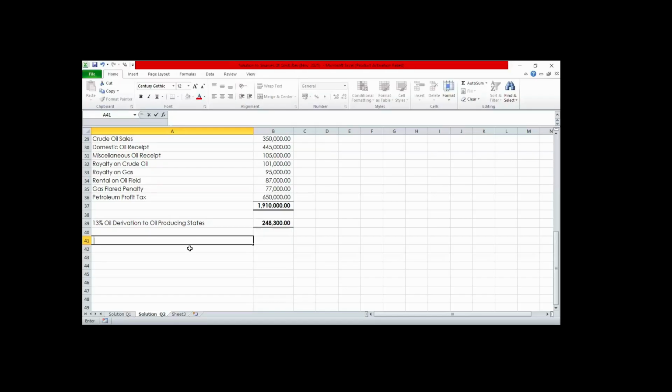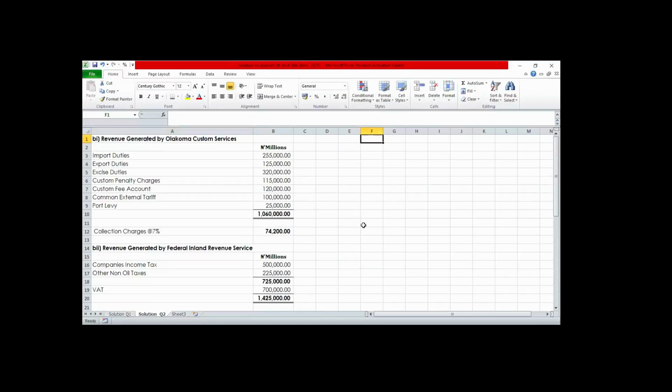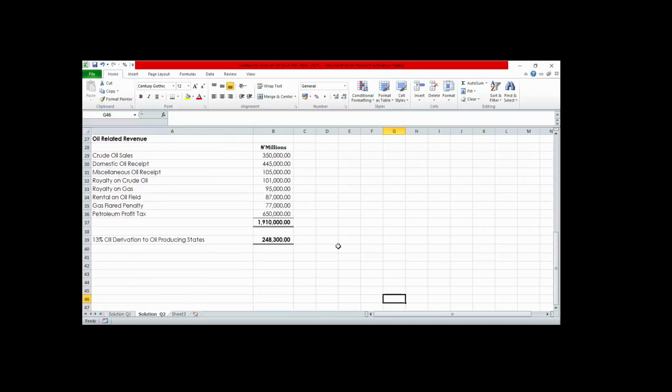Okay. Now, consolidated revenue. This is the C part. How many questions do we have under Roman figure 1? This will not be too lengthy. Let's do it this way. This question should be like 30 marks.